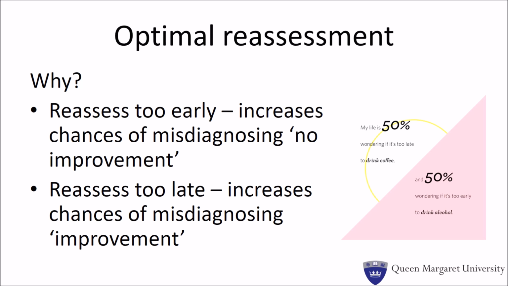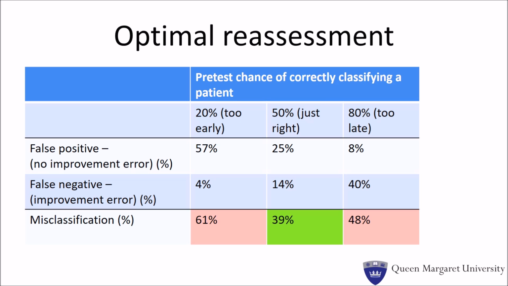Well, how do we know that? The answer to knowing whether reassessing too early or too late actually increases the chances of misdiagnosing is shown in this particular table over here.